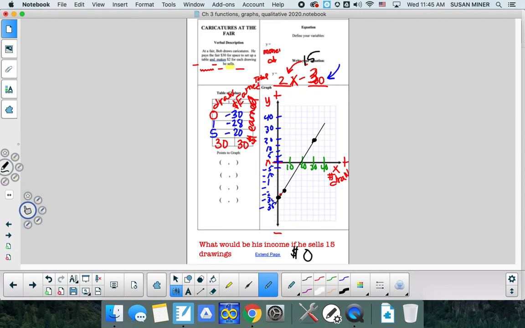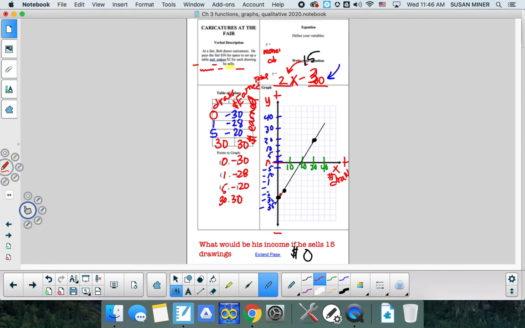Oh, I never had you fill in points from over here. If you work better from coordinate points, fill these in, right? With your data table. We chose a 1, and that was a negative 28. We chose a 5 and a negative 20, and we chose a 30 and a 30.